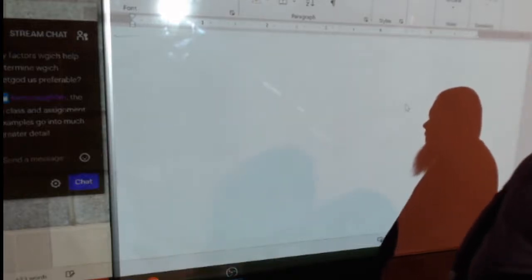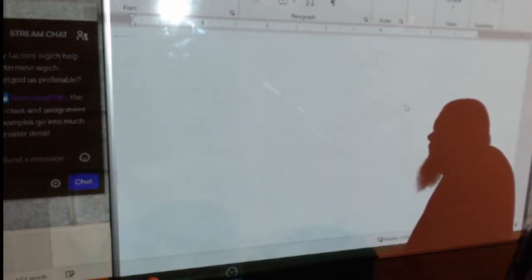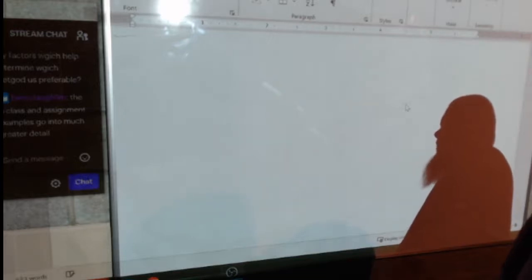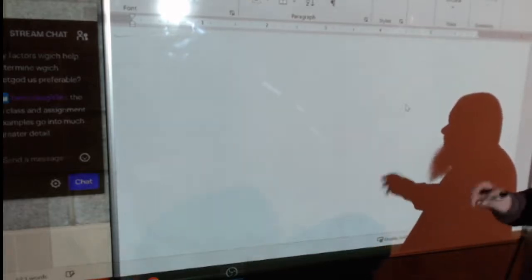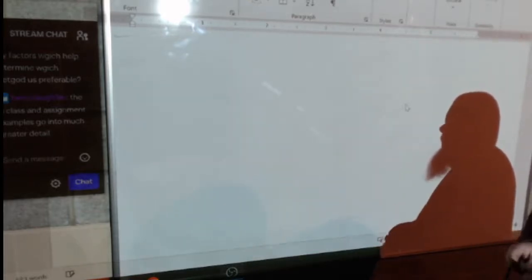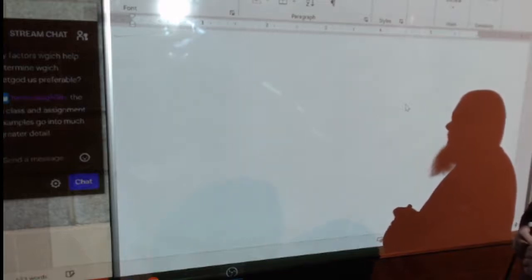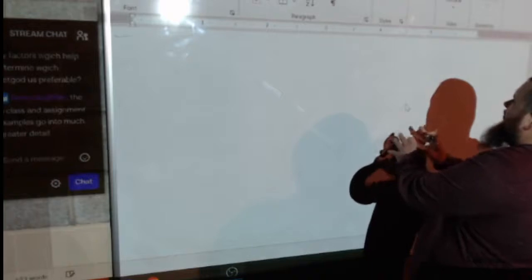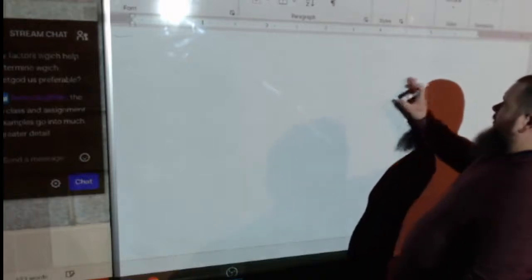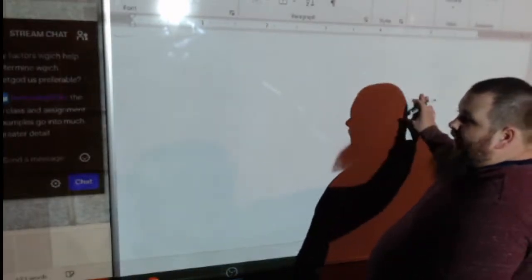I saw somebody say something about any factors that help determine which method is preferable. When you say preferable, there are only certain problems that can be done both ways. Otherwise, if the functions can be separated so that you can get all of x on one side, all of y on the other, right?